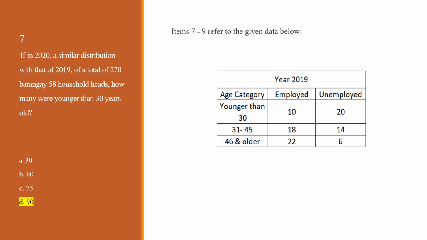And the total of this would be 90, and we are told that in 2020 there would be a total of 270, which will be 3 times the quantity in 2019. So if we are looking for the younger than 30, and that would be for 2019 30 individuals, for 2020 we multiply 30 by 3, giving us 90.